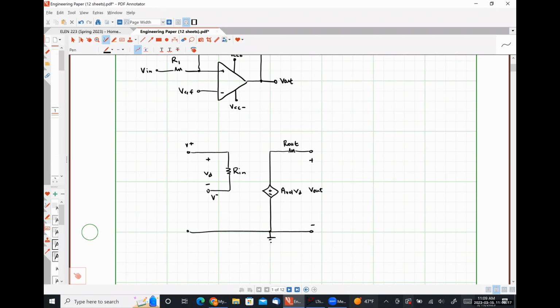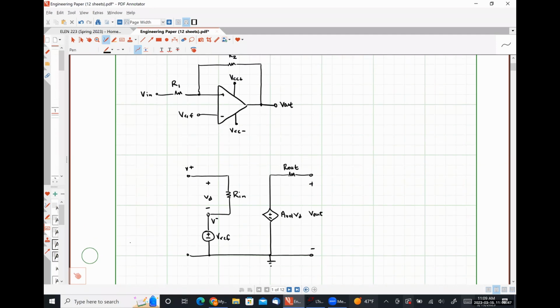So let's do some other connections here, okay? So between the inverting input terminal and ground, we have our reference voltage. Between the non-inverting input terminal and ground, we have a resistance R1 in series with our input voltage source.